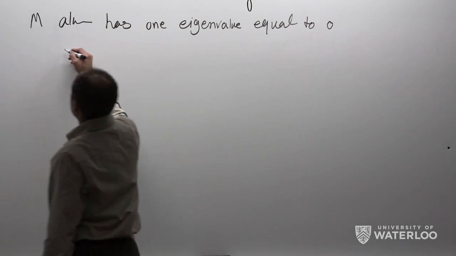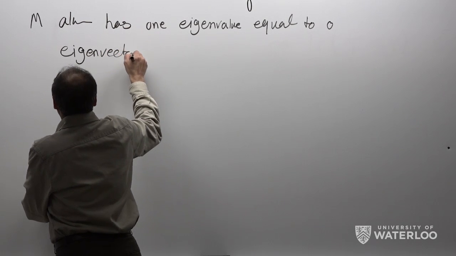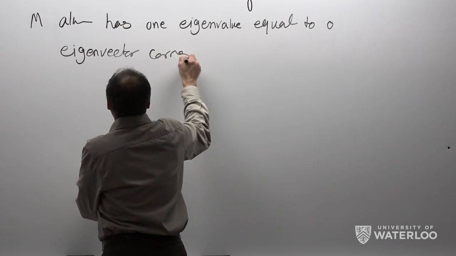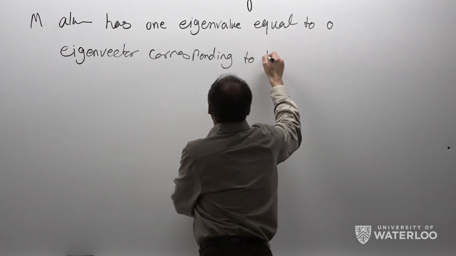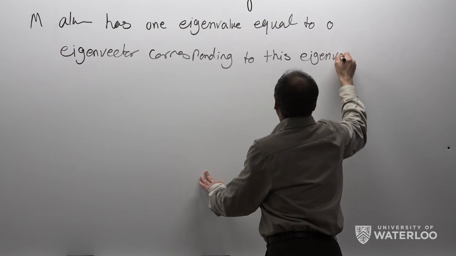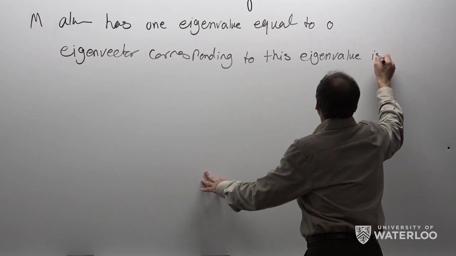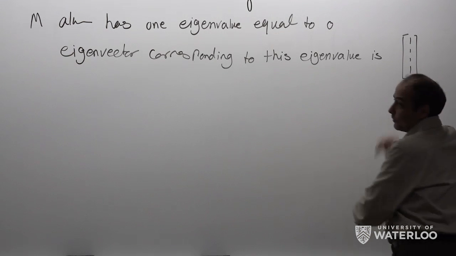And the eigenvector corresponding to this eigenvalue is a constant vector of 1, 1, 1, 1, 1.